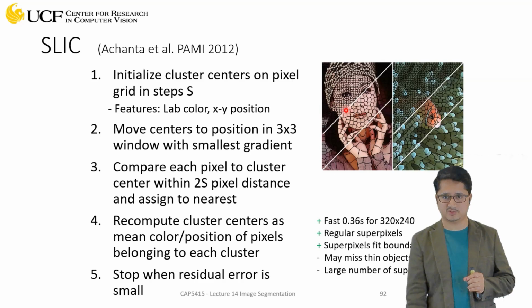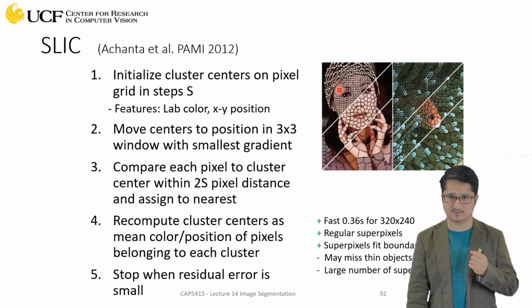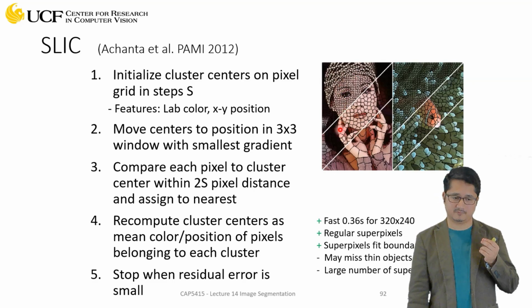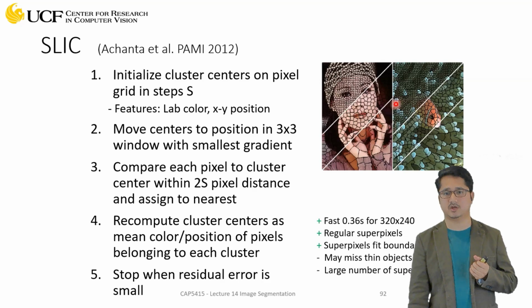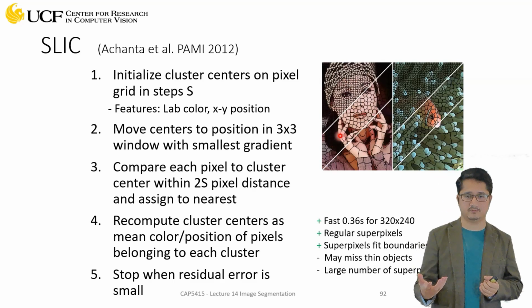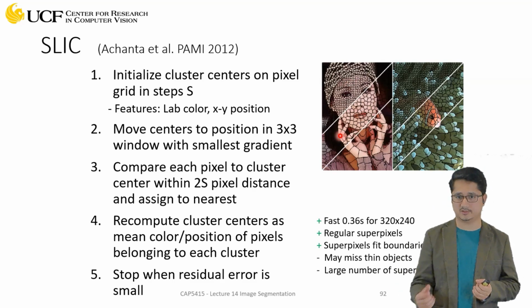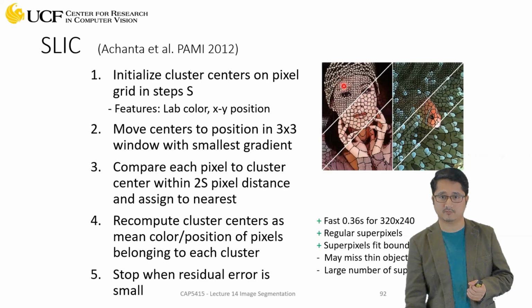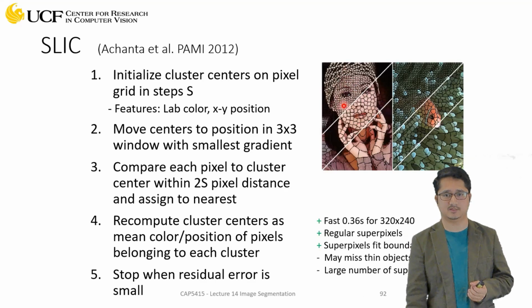Now, one interesting question to ask is, what is the role of the number of cluster centers? The number of cluster centers will determine how many segments you will get in your segmented image. For example, if you set your number of cluster centers to 1000, then you're going to get 1000 different segments in that image, which could be something like this on the top left, right?